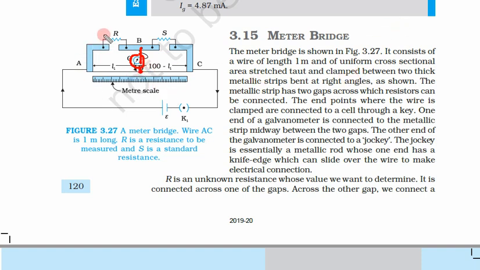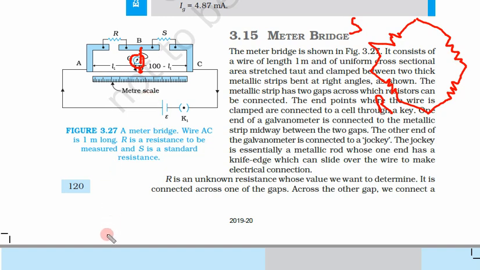Let us see again. What is a Wheatstone bridge? Two resistances like this, one resistance, another resistance, third resistance and fourth resistance. Similarly, this resistance is R, see here, this resistance is S. Now this is a wire.